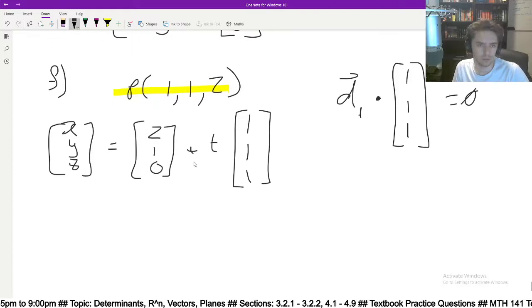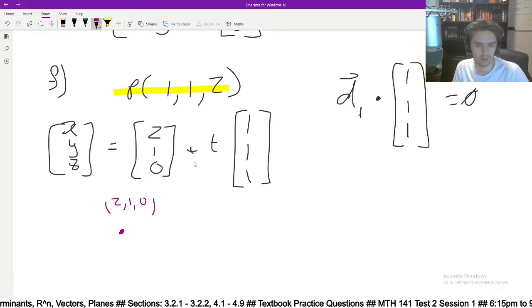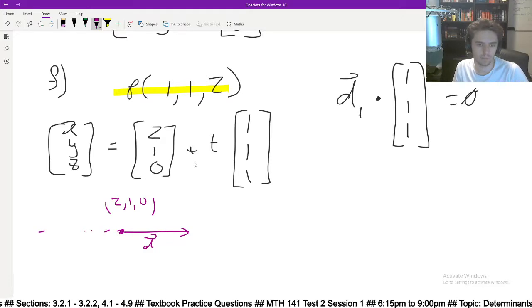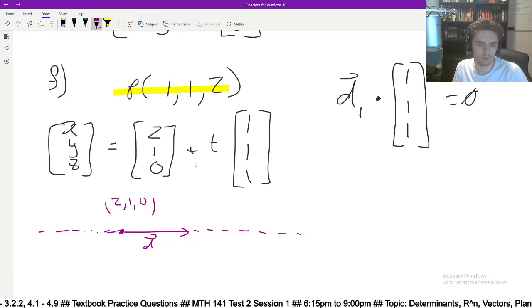So I'll draw it. That line starts at this point, 2, 1, 0, and it goes in the direction d, which is 1, 1, 1, which makes up this line. So we're looking for a line that goes through 1, 1, 2. Well, kind of hard to draw.